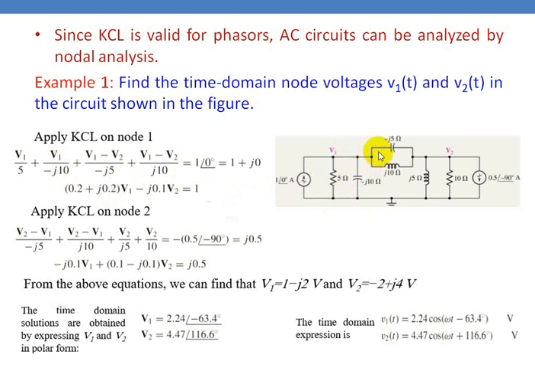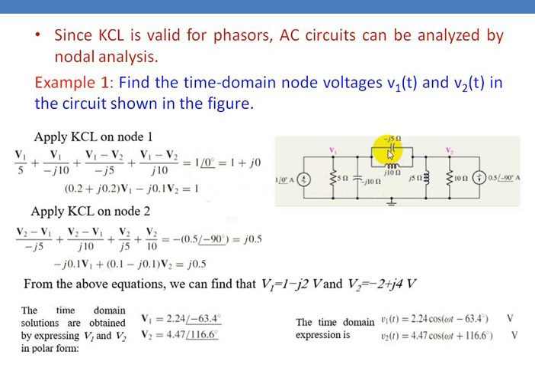Then current through this minus J5 ohms, V1 minus V2 divided by minus J5. So that is this term. Coming to this term, this inductance, current in this is V1 minus V2 divided by J10.